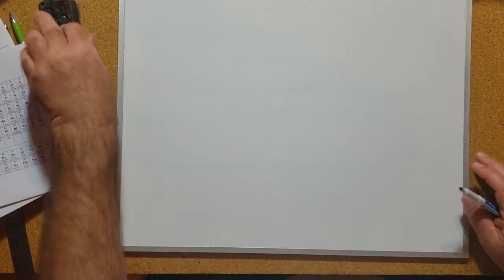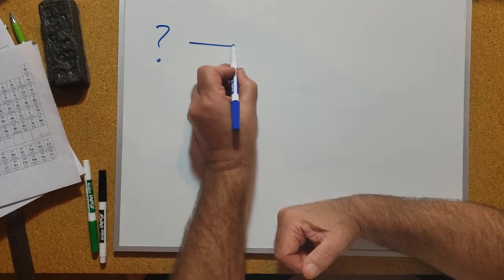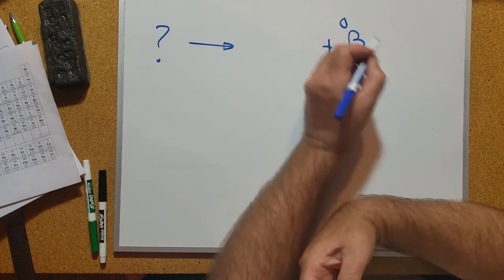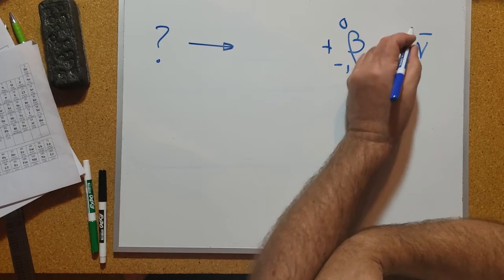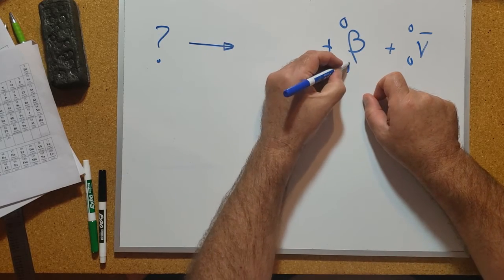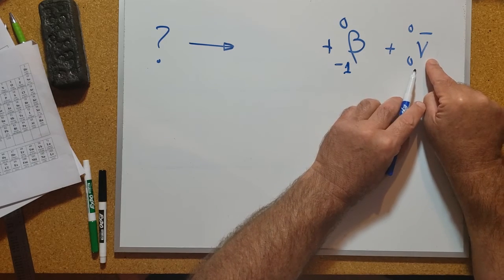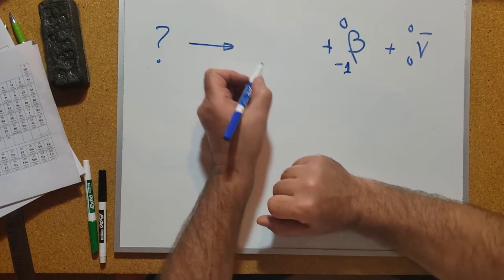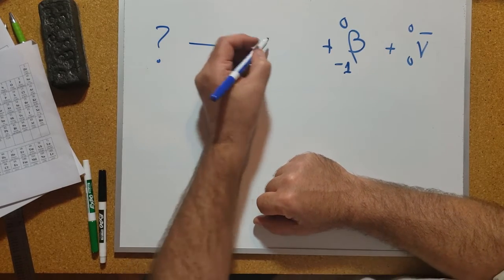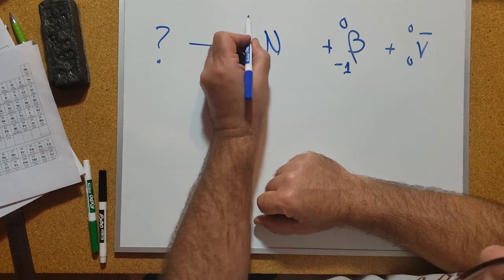And let's do it the other way around. Let's say I have some unknown nucleus which undergoes beta negative decay. I'll know that because I'll see something like this in the equation. I'll see this, that's beta, and it's a -1, so it's negative beta, and an antineutrino. And let's come up with something here. Let's say it's nitrogen with a mass of, let's say, 16.